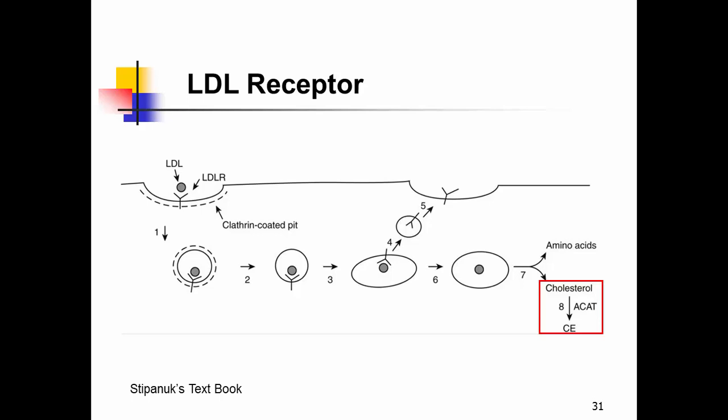LDL, which is lipids, right, together with apoprotein on the cell surface, can eventually be hydrolyzed to release free cholesterol, and the protein can be broken down to amino acids inside of cells.